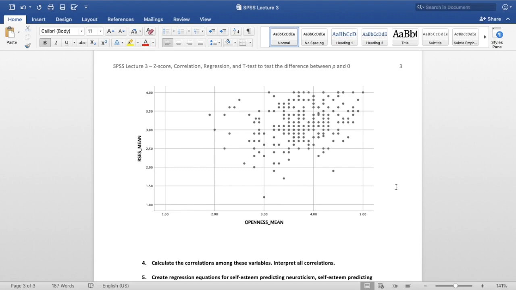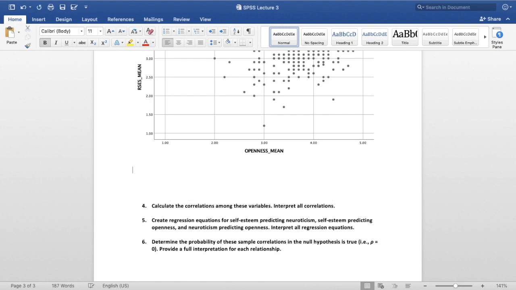And of course, the closer the dots get to the line, the bigger the correlation is. So a perfect positive correlation, r equals +1, all of the dots would be on the line. And as the correlation approaches 0, the dots are going to become more spread out. So I'm going to write out a little interpretation that I came up with by looking at this.